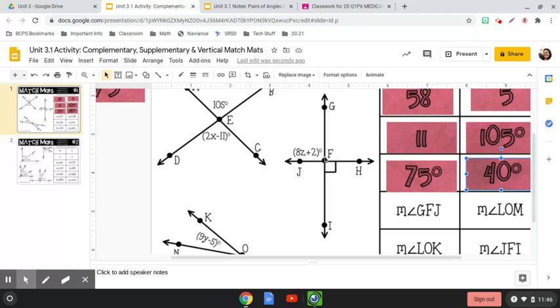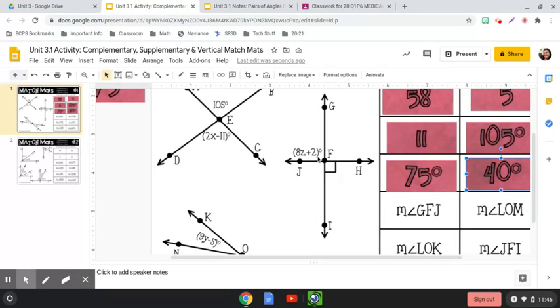Well, how should we go about solving for this? We know that this angle and this angle would give us 180 degrees because these two angles form a linear pair. But we also know that vertical angles have the same measure.